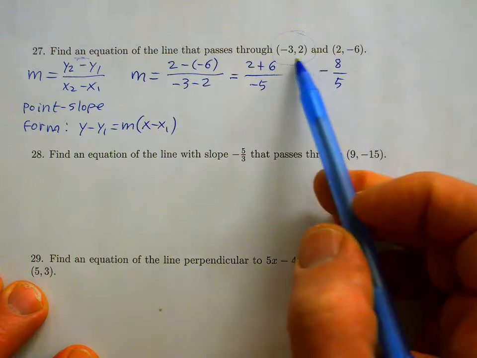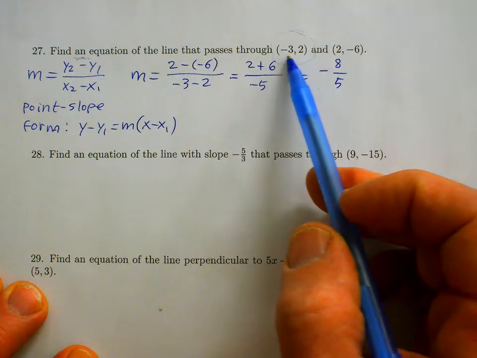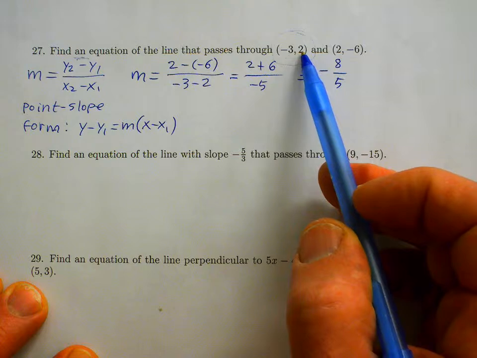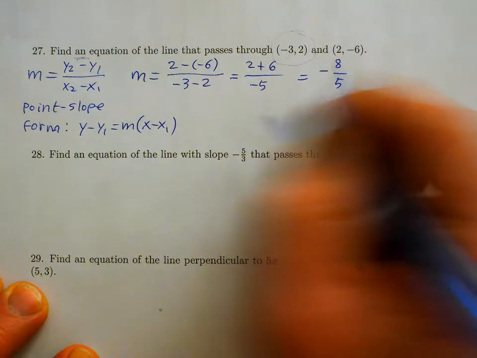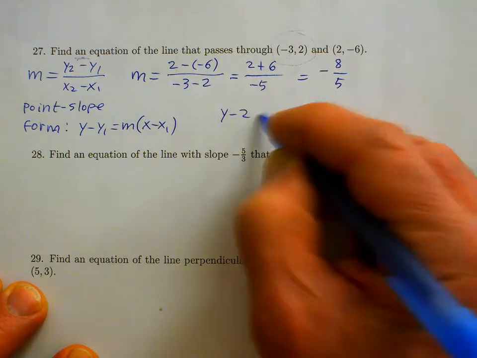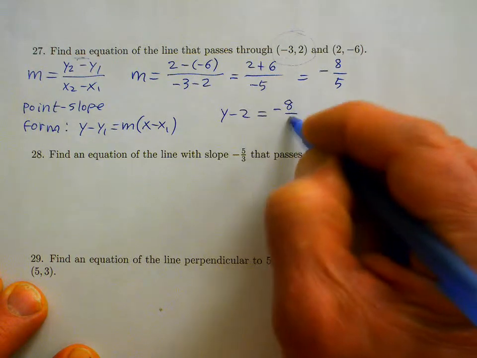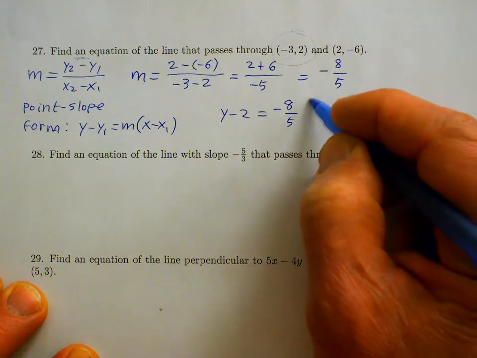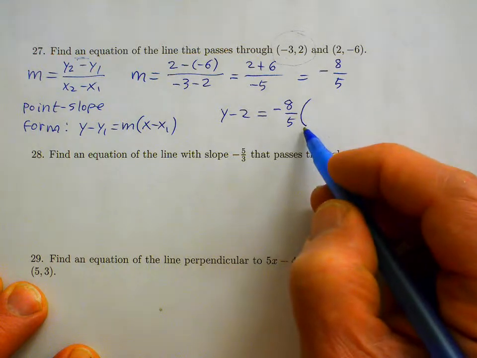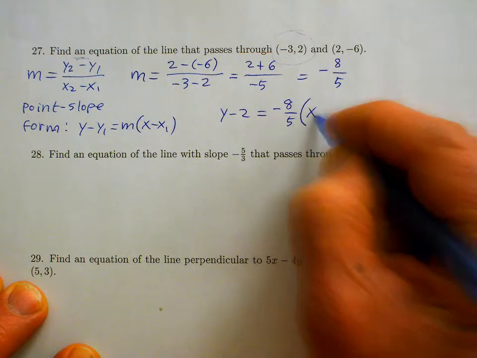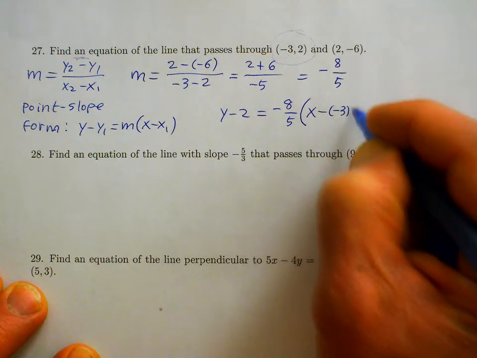Okay, so I'm picking the point where the x1 is -3 and the y1 is 2. So y minus y1 is y minus 2. The slope is -8/5, so I write -8/5 times in parentheses x minus -3.